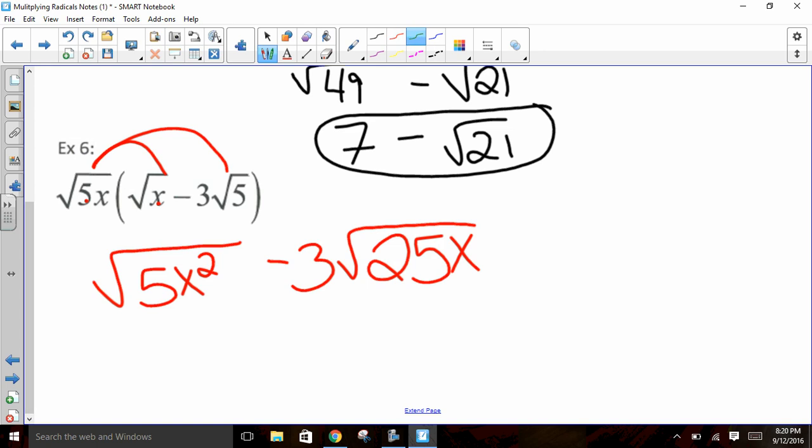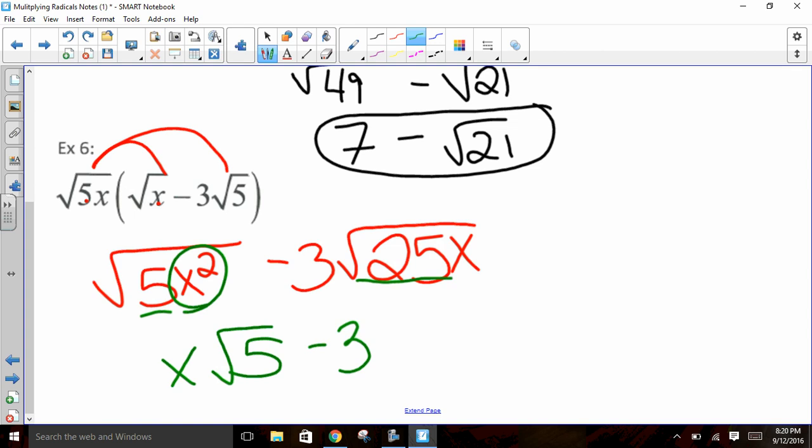So simplifying this first term, I cannot take the square root of 5, but I can take the square root of x squared. I have a group of 2. 2 divided by 2 is 1, so I can bring out an x. I'm left with 5 underneath. 3 is still there. We haven't reduced it yet. We haven't done anything with it.